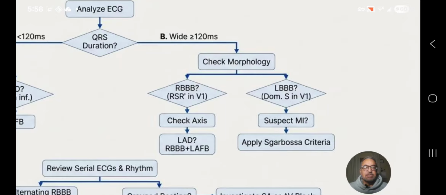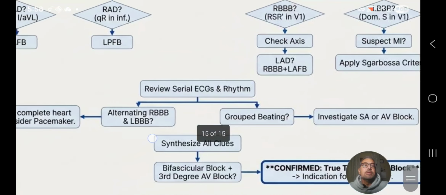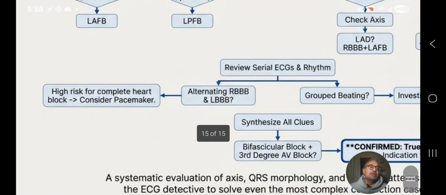On top of this, if we suspect an MI, you apply the criteria like we discussed earlier to diagnose a STEMI. Now, if you review serial EKGs and look at the rhythm, if somebody has alternating right and left bundle branch block morphologies, they are at high risk for complete heart block, consider a pacemaker.